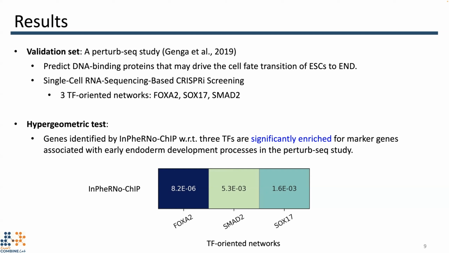Focusing on those 3 TFs, we found that in all cases, we have observed a significant enrichment between the target genes identified by Inferno-ChIP and the target genes experimentally identified by this study. This shows that genes identified by Inferno-ChIP with respect to 3 TFs are significantly enriched for marker genes associated with early endoderm developmental process in the Perturb-seq study.